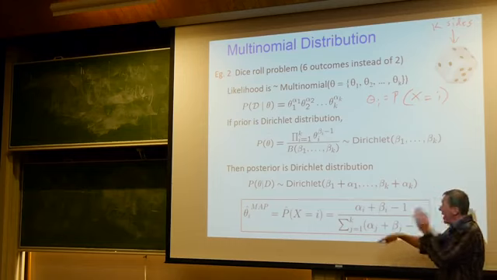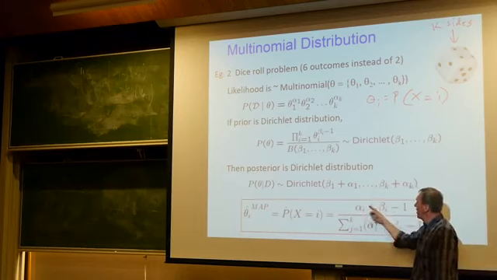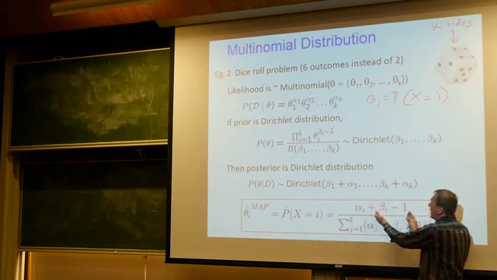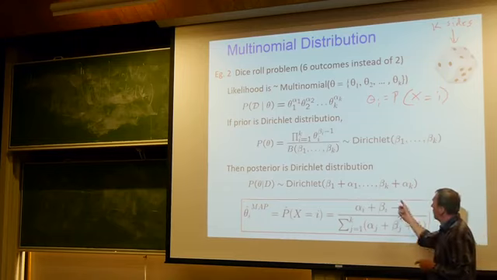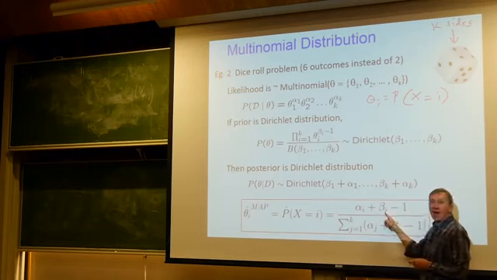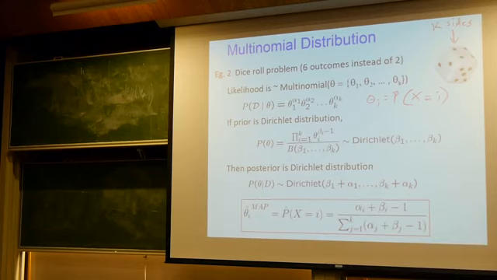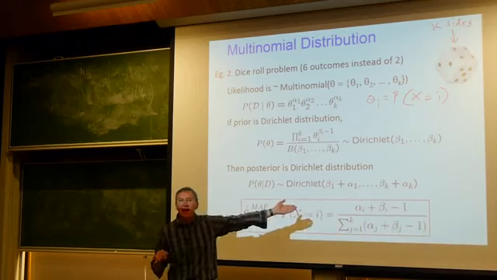And then when we solve for the MAP estimate, it looks just like our coin flip MAP estimate, where we have the observed number of times the die shows up side i, plus this quantity, which represents the number of hallucinated examples that we put into our prior for side i. And then the denominator is just the total number of flips observed plus hallucinated that we think of.